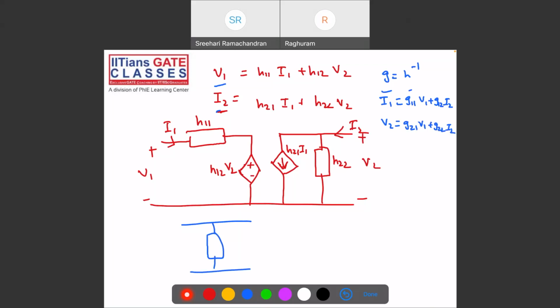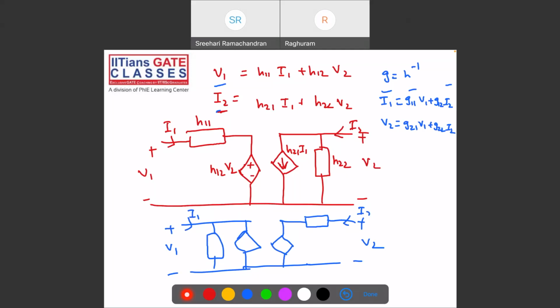Here voltage is getting divided, so it's a series circuit. So plus minus V2, plus minus V1, I1, I2. This is G21 V1, this is G22, this current value is G12 I2, and this is G11.